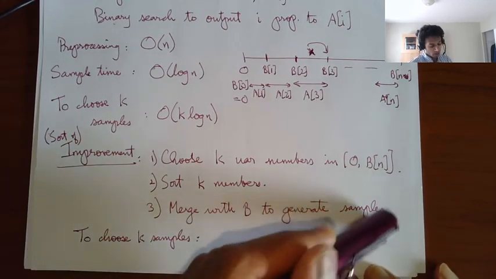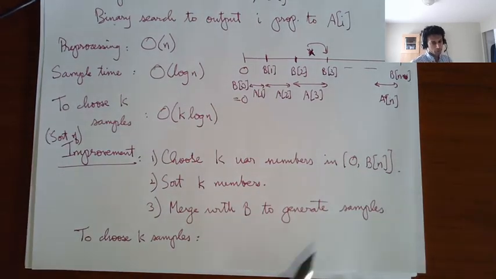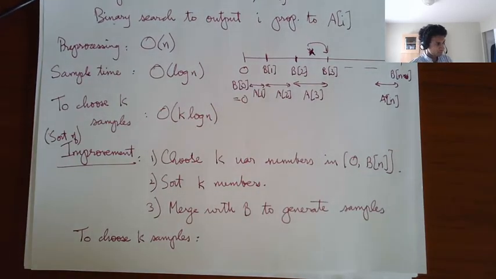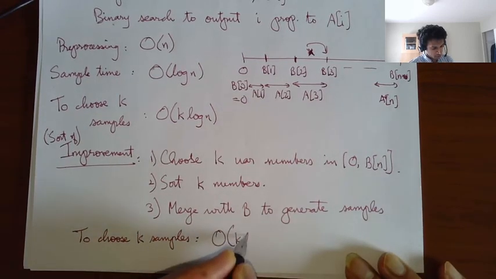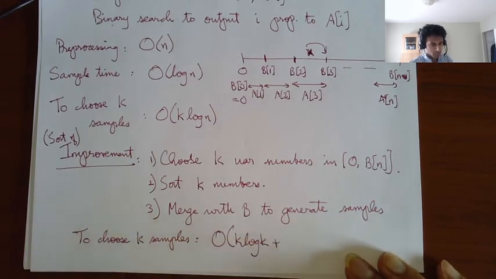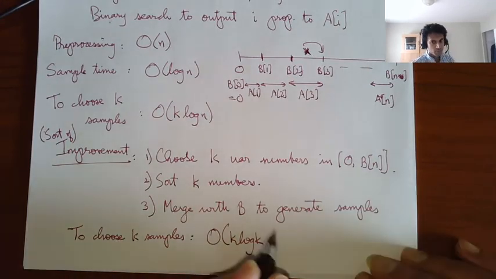I meant the entire process to choose k samples from the distribution. It takes k log k time to sort them. Good. Merging with b takes O of k time. What is the length of b? n. So it's O of k log k plus n.